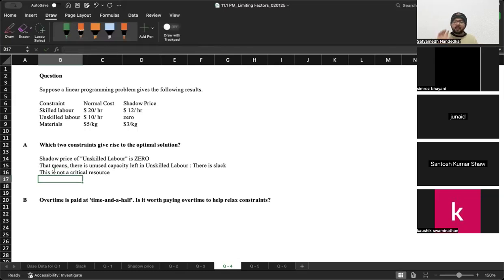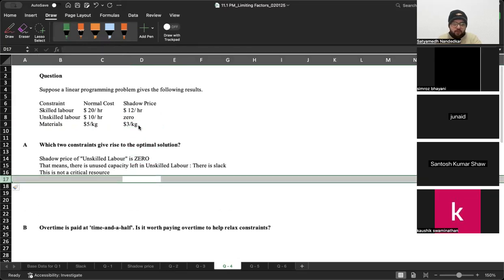Unskilled labor is not a critical resource because it has zero shadow price, which means there is slack, which means the solution doesn't lie on this line. If you observe, skilled labor has a shadow price of $12 per hour, and material has a shadow price of 3 per kg.